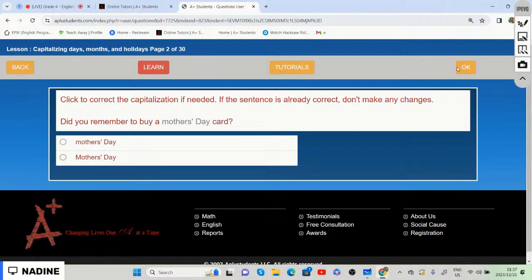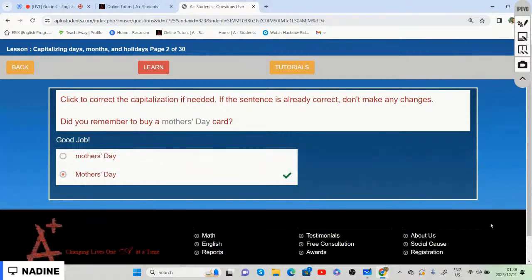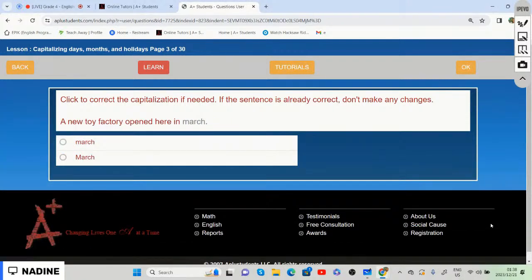Is it option 1 with lowercase or option 2 with capitalization? We said Mother's Day, because that is also a special day, right?